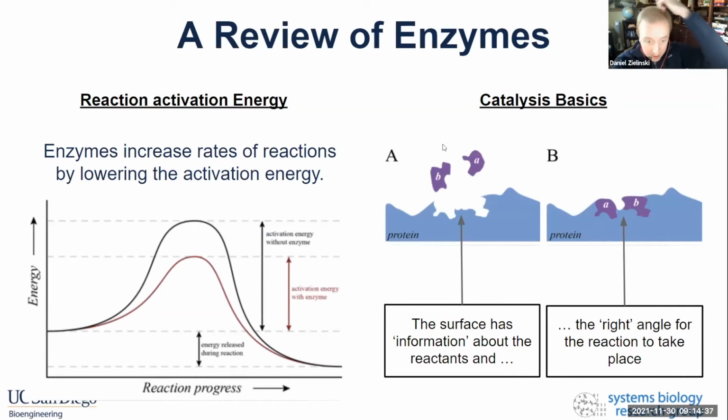So I already showed this type of reaction coordinate diagram, but just to reiterate these concepts. We have on the y-axis the energy of the reaction complex versus the reaction progress, going from reactants to products. And we mentioned how in thermodynamics, we're really just concerned about this gap between the initial state of everything versus the final state of everything.